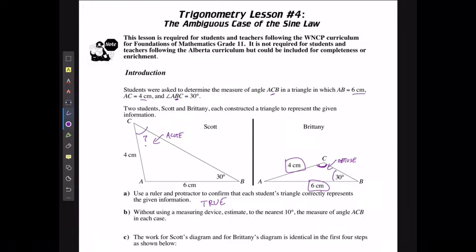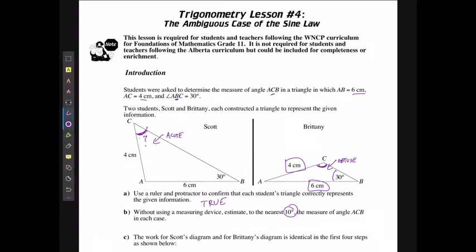So, without using a measuring device, estimate to the nearest 10 degrees what the angle is going to be in each case. Well, for Scott's, this is 30 degrees, and this is going to be a big angle, but if I look at C and B, they look like they're about the same size.